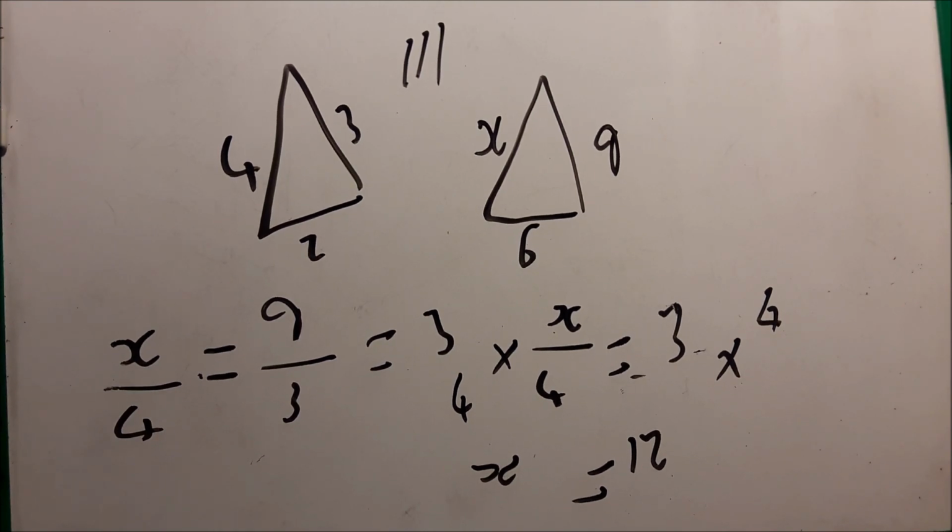So they'll give questions like that, and you have to work out how they're similar, and you have to work out what x is, because they give it to you that it's similar. So that's everything about similar and congruency in triangles.